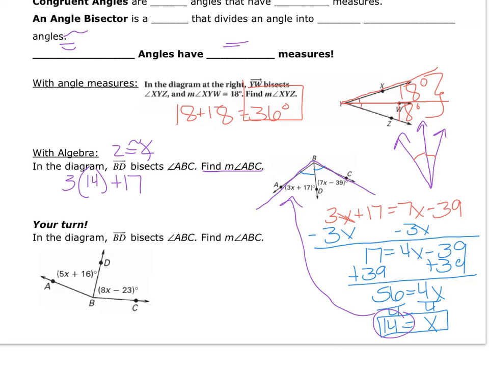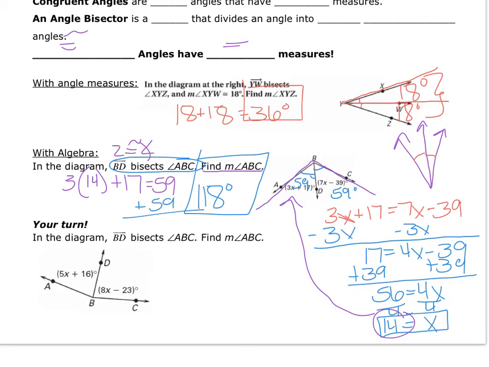So this comes out to 59. Since this angle is 59 degrees, we already know that that angle is 59 degrees because of the bisector. So that whole angle then is 118 degrees.